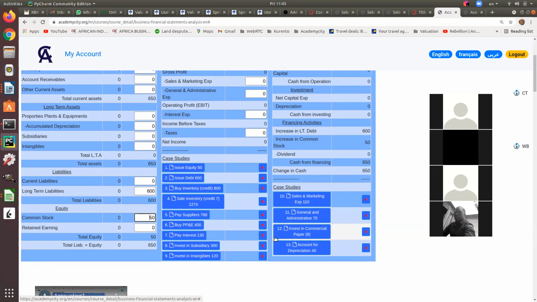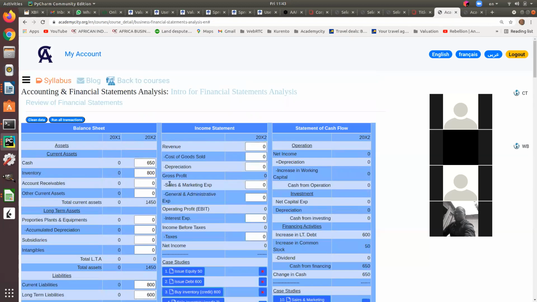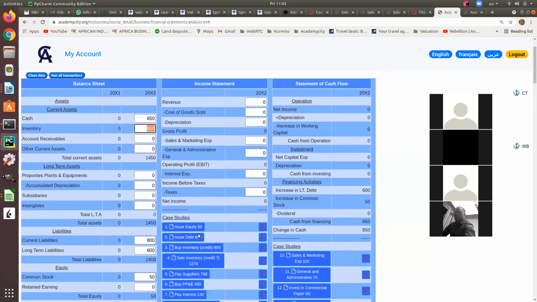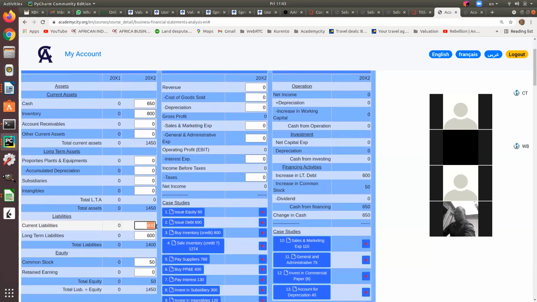Transaction number 3, we bought on credit 800. So if I click here, we got inventory of 800, and we owe 800 to the supplier. Again, equality, 1400 total assets. For now, we have only current assets, inventory and cash, they're all current assets.